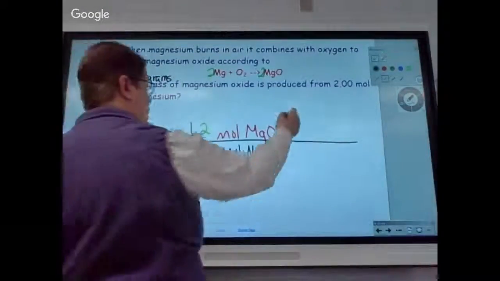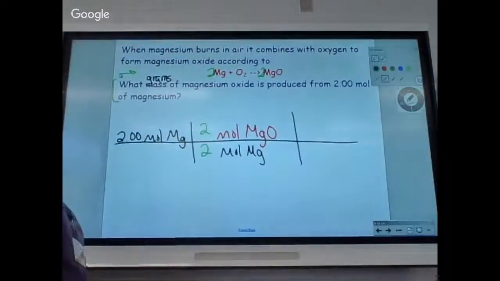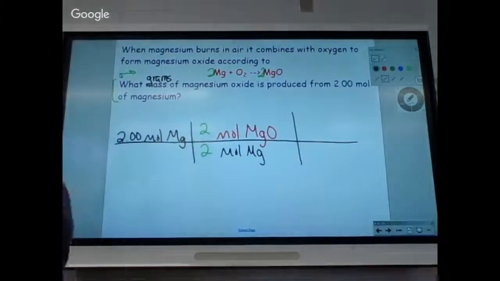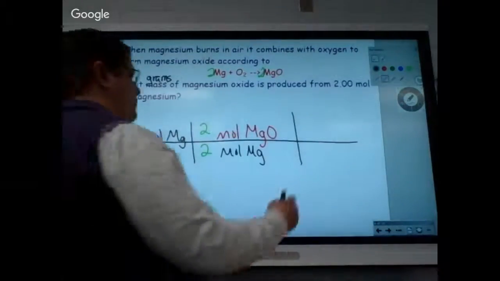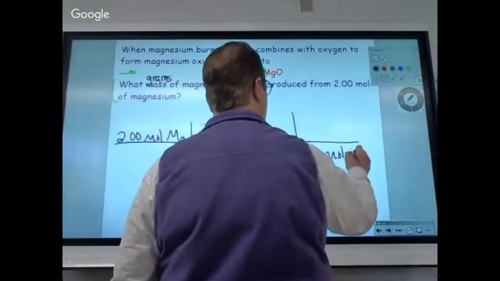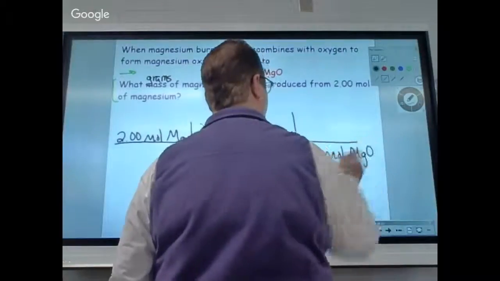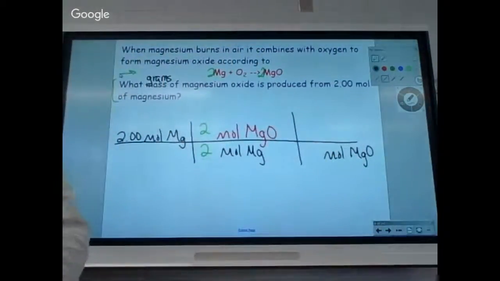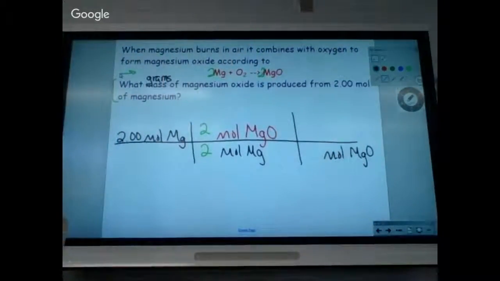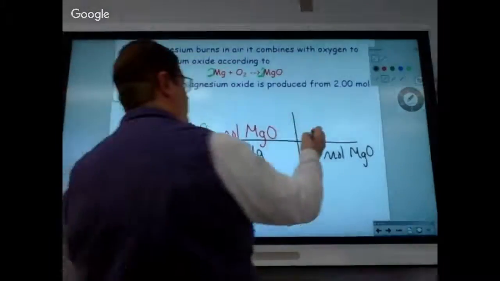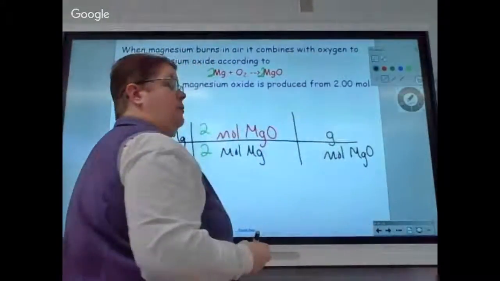Okay? So draw another section. Whatever's on top has to go where? On the bottom. So that means moles of MgO goes down to the bottom. Do we need to change compounds? No. We already did it. So since we don't need to do it again, what goes on the top line? Is this a mole ratio?